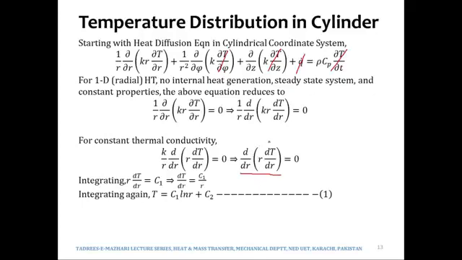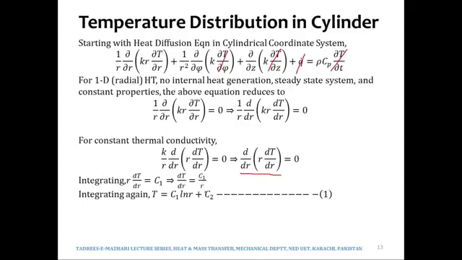So integrating it for the first time will make the d/dr sign vanish if we integrate with respect to r. So we will be left with r dT/dr equal to the integral of 0, which would be a constant. So r dT/dr would be equal to C1, therefore dT/dr would be C1 over r.